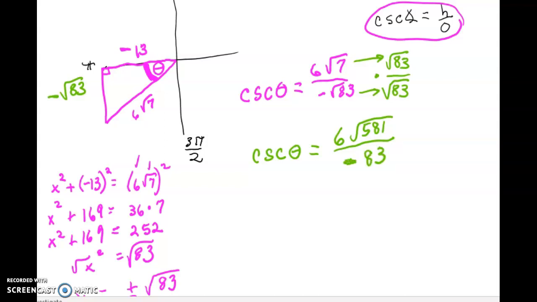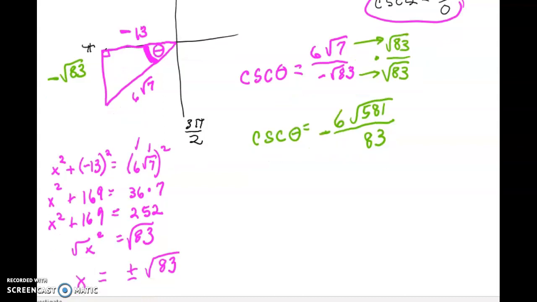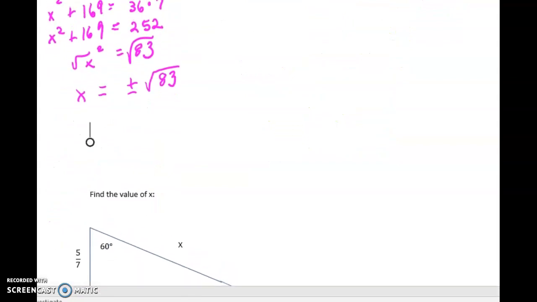You could leave the negative sign in the denominator, or you could move that negative sign up to the middle of the fraction, and that would be fine too. There's not very much room. Let me see if I can make that a little better. Okay. All right. Moving on to the last problem.